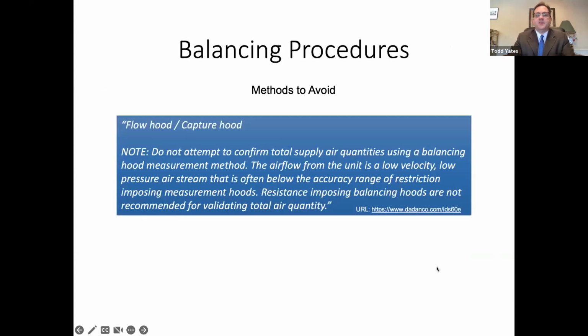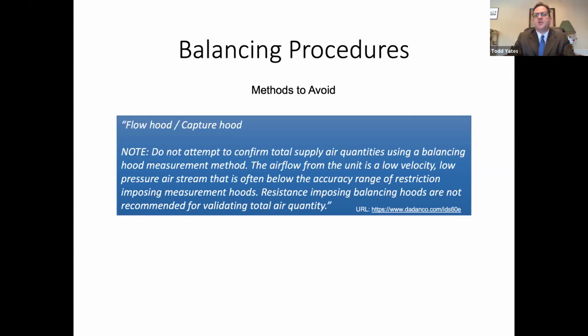So what are the balancing procedures for this? Coming from the manufacturer, they tell you do not attempt to confirm total supply airflow with the traditional flow hood. They explain that with the low velocity of the air and the low pressure in the airstream.